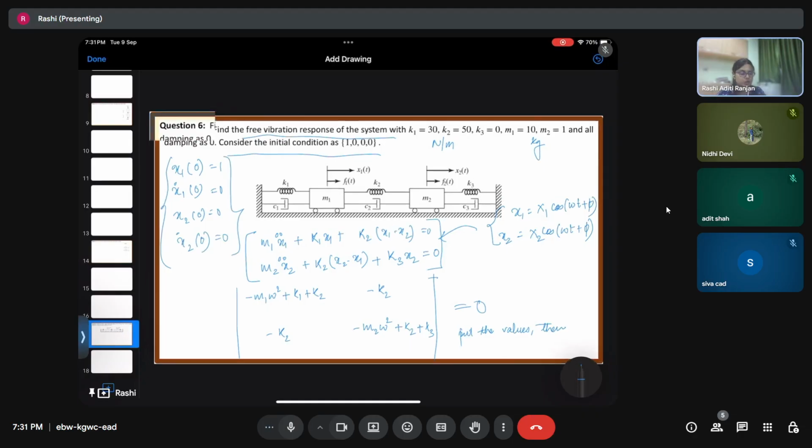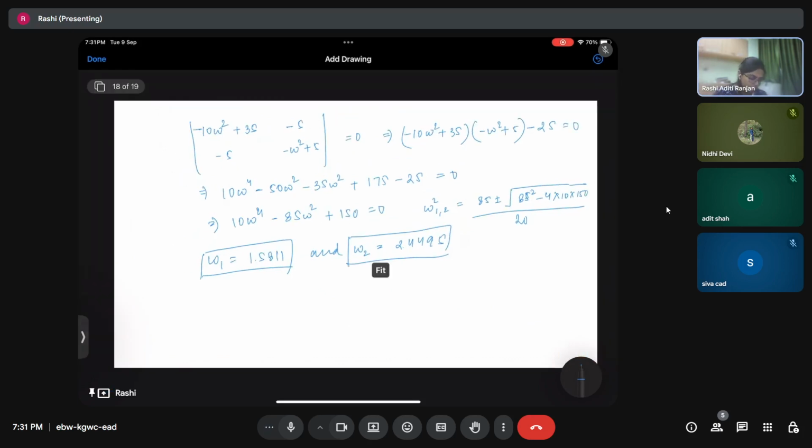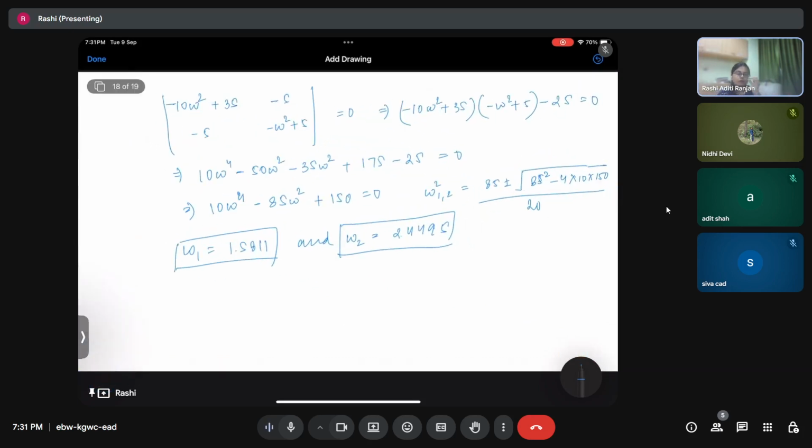So over here we were able to find only the natural frequencies of the system. But in order to find the free vibration response, if you remember, it was discussed in the lecture also that if my system is oscillating at any of the two natural frequencies, then both my masses are going to oscillate at that frequency.